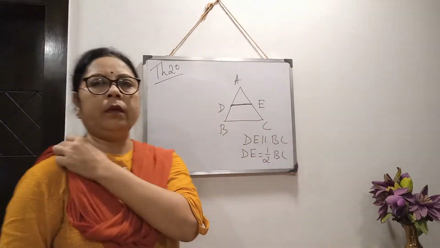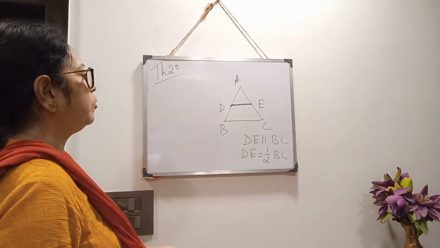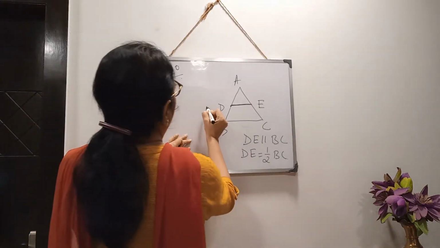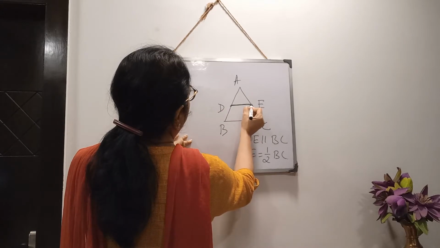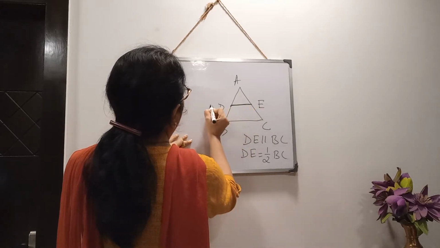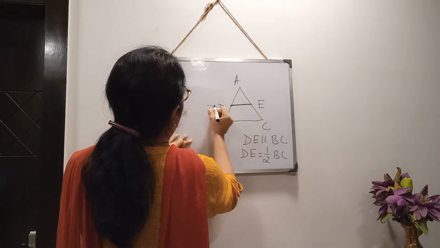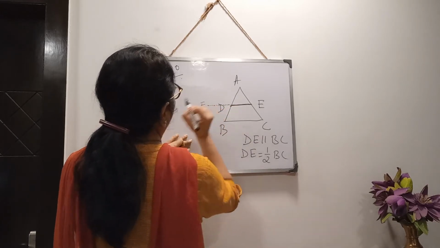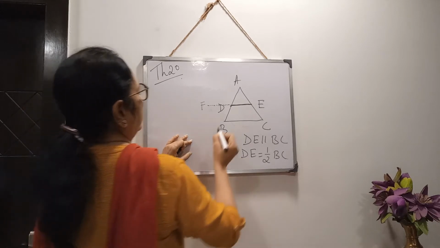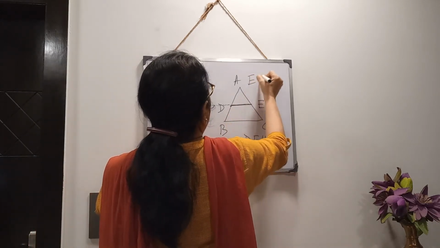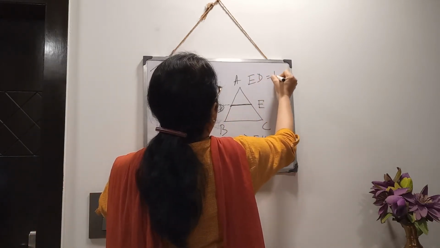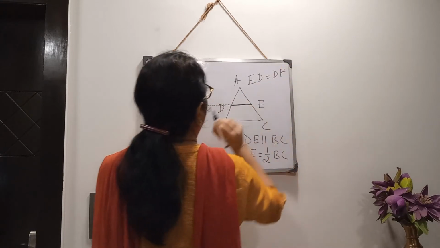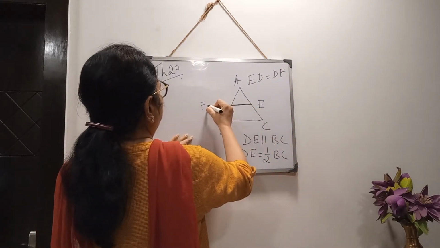Now to prove this, I have to construct one thing: I have to extend ED up to the point F, in such a way that the length of ED equals the length of DF. Clear? Now I have joined this.